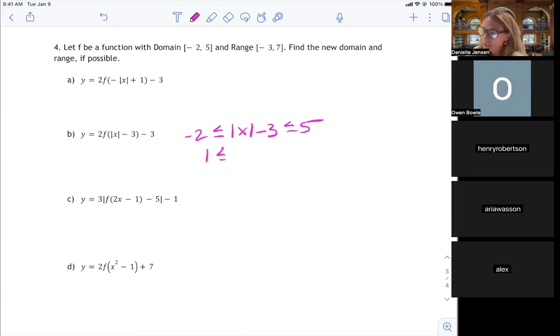Yep, so I shifted it to the right 3, and I have 1 is less than or equal to absolute value of x less than or equal to 8.